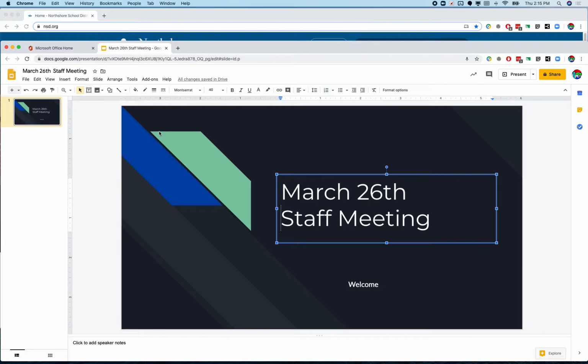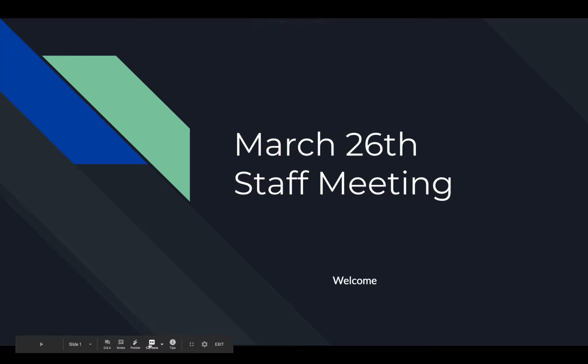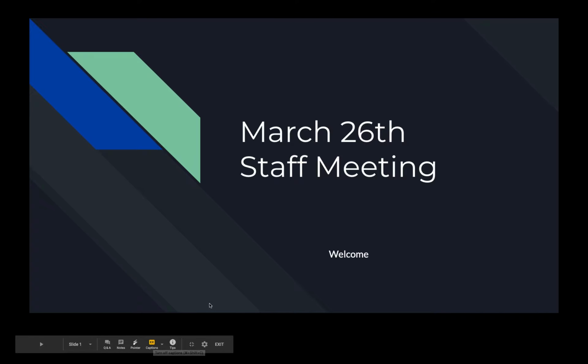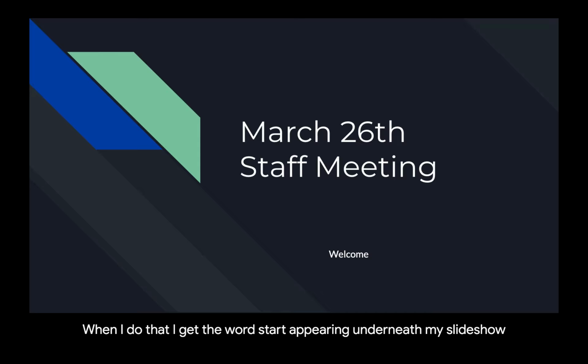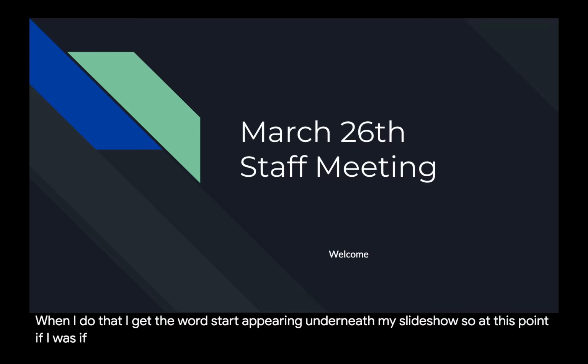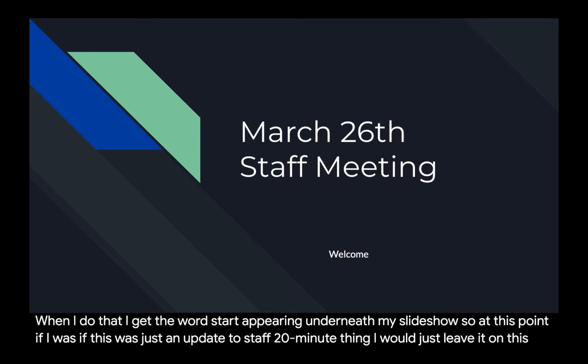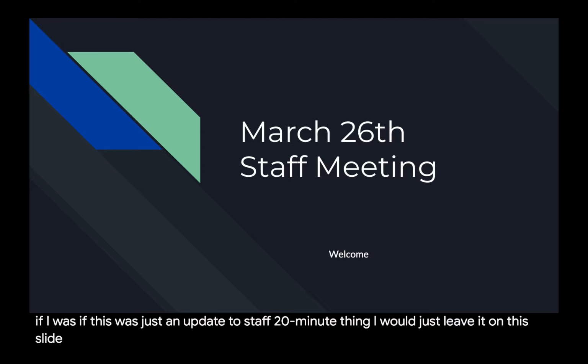So I have my slideshow set up, I go up to present, then I come down to the bottom and I click captions. When I do that, the words start appearing underneath my slideshow. So at this point, if this was just an update to staff, a 20-minute thing, I would just leave it on this slide and speak my piece.